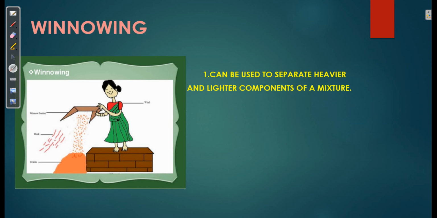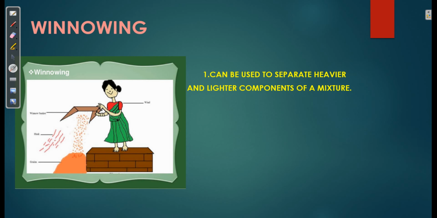With the help of air, the small husk particles which are present in the grains will fly away, and fall down here. Whereas the grain which is present in this basket is heavier and will not be able to move from its place because of the wind, and will fall down here. So in this method, the grain gets separated from the husk.